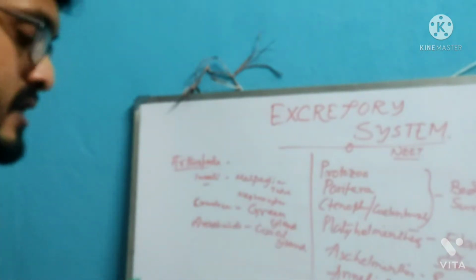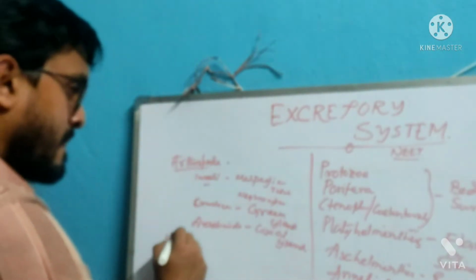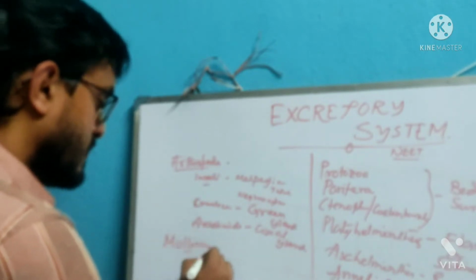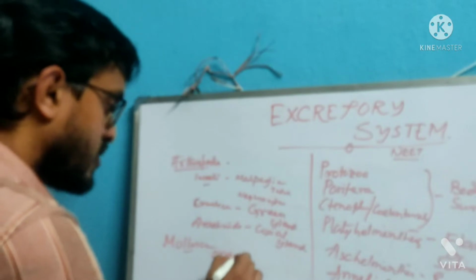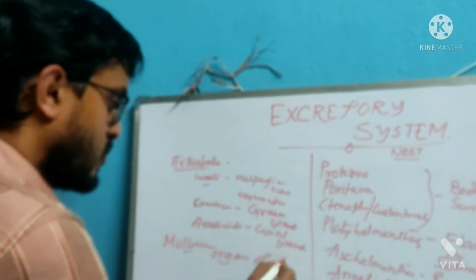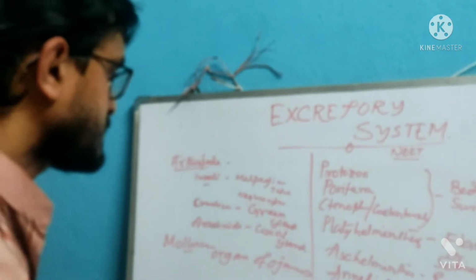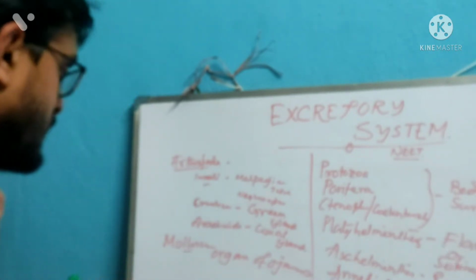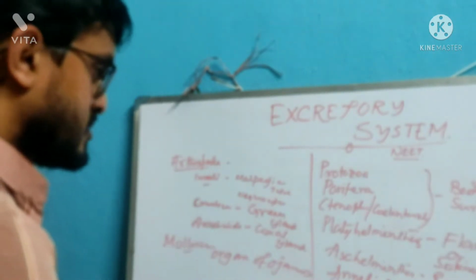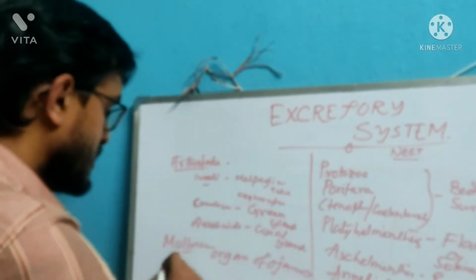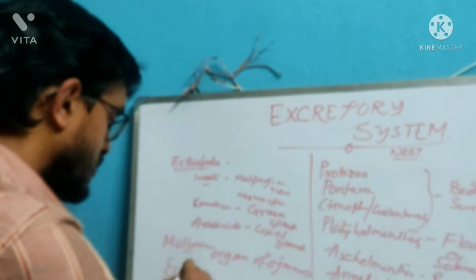In the case of mollusks, they have the organ of Bojanus. In the case of echinoderms, they have dermal branchiae.